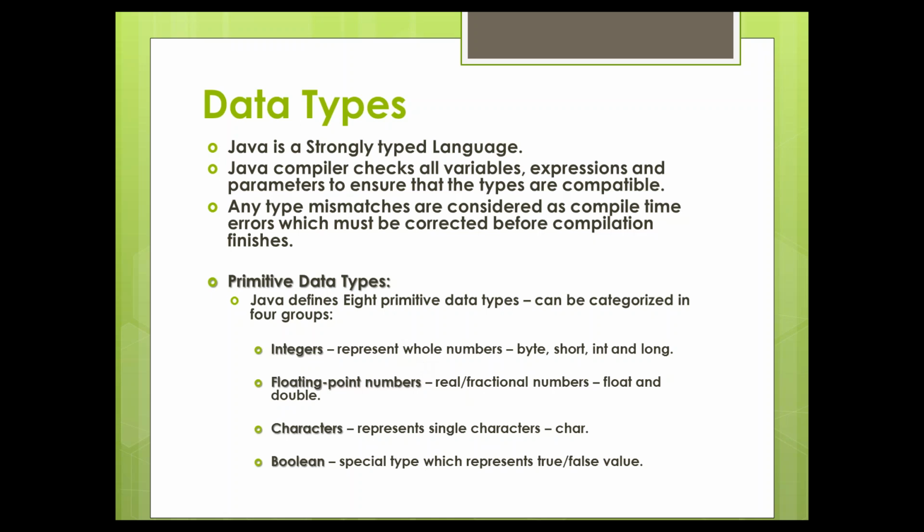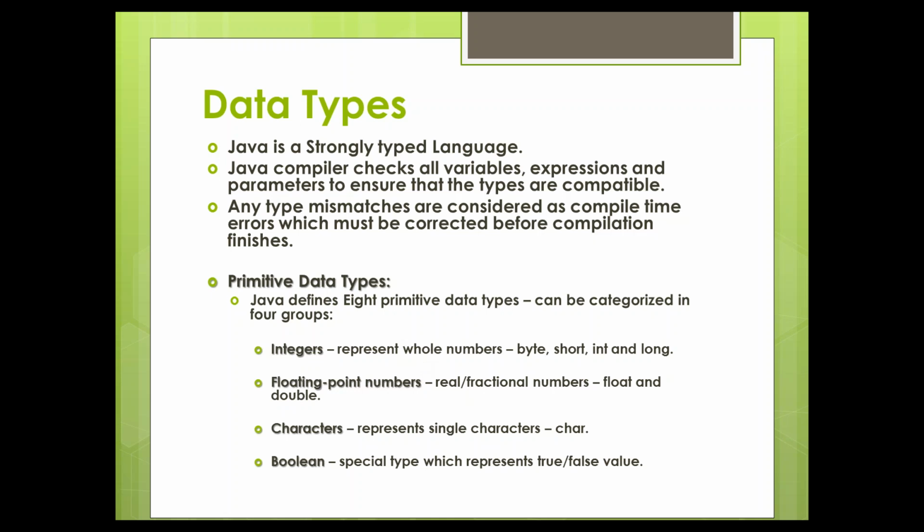Then we have another group, that is floating point numbers. Here we represent decimal numbers or real numbers, real or fractional numbers, which will have a decimal or fractional part associated with the number. It has two different types. One is float, another one is double. We will see what these float and double are, and what precisions are associated with floats and doubles.